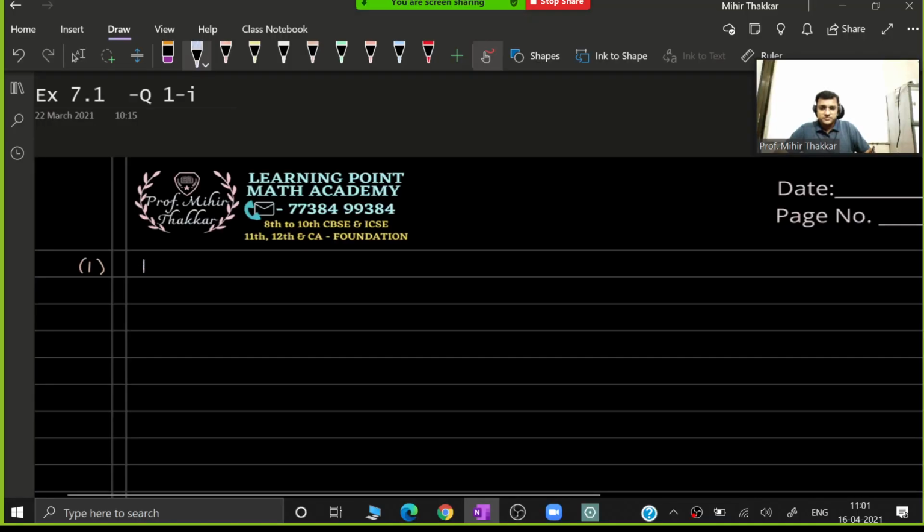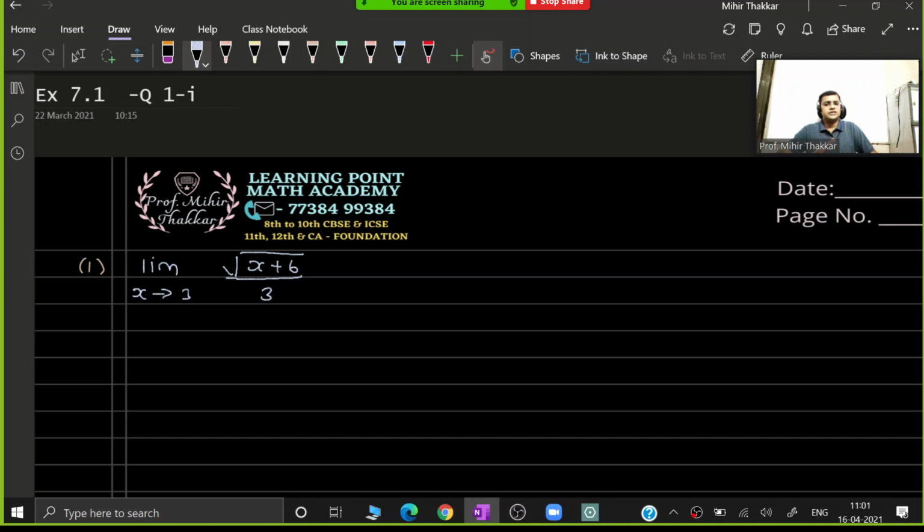You will get divided by 3. Now in this case, if you observe, it is not representing any standard formula. So when I come across this kind of question where no standard formula is applicable, I just have to substitute the limit value in the given function and simplify.